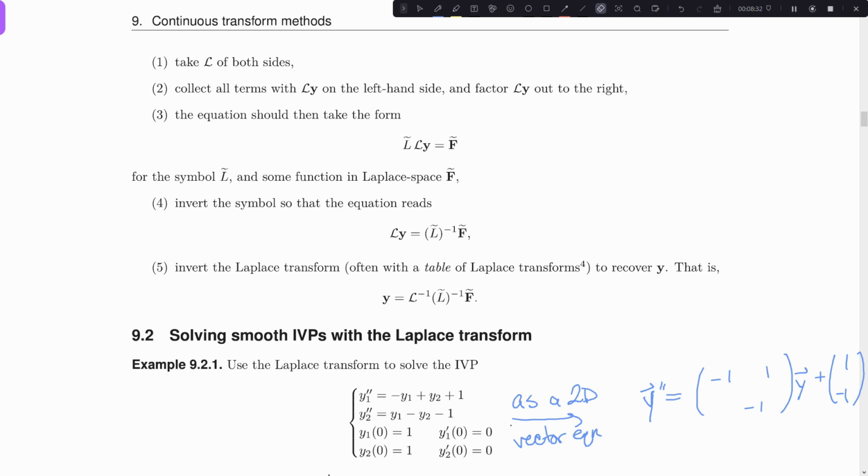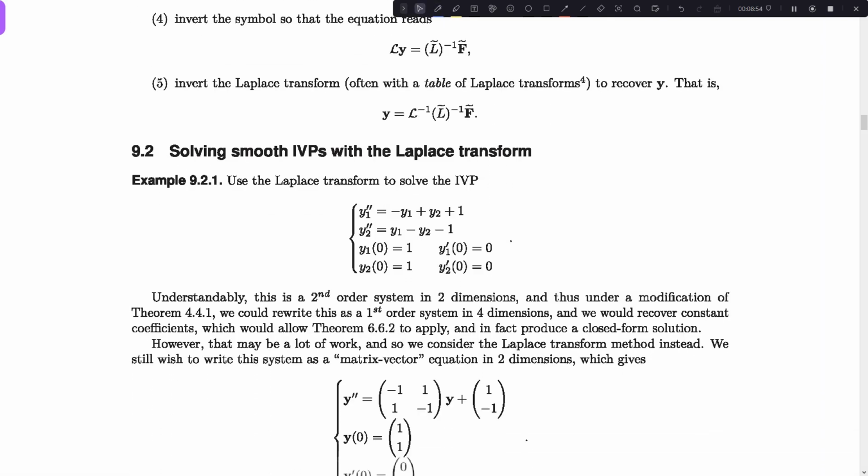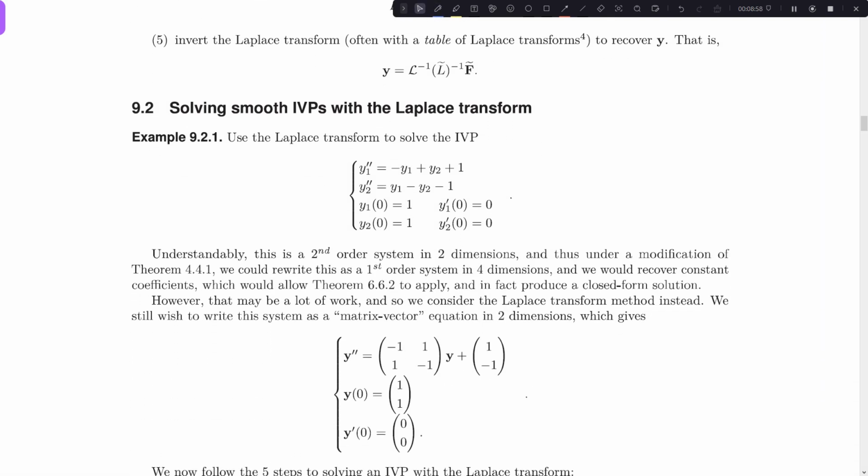And my initial condition at 0 is 1, 1. And the first derivative of the initial condition is 0, 0. So that's how I would convert it to a matrix vector equation. This is going to make my life easier if I'm taking a Laplace transform. You can see me rewriting it as a matrix vector equation.